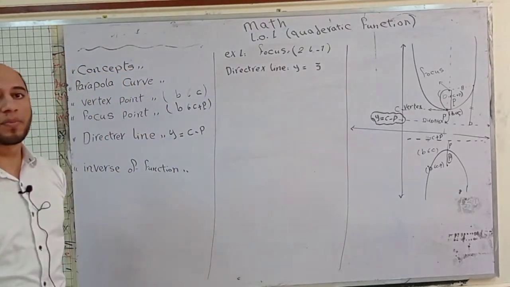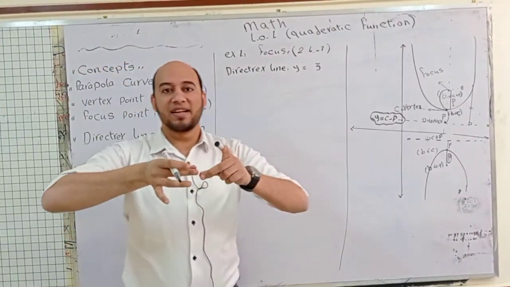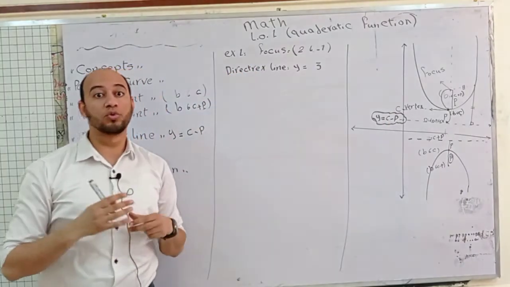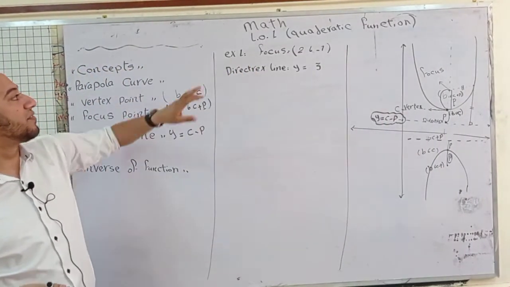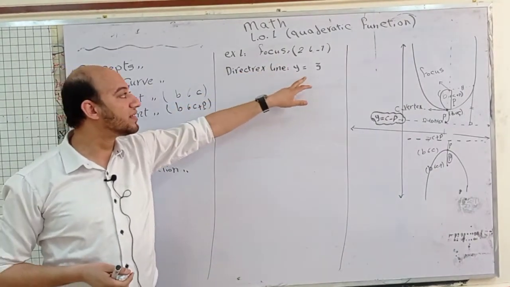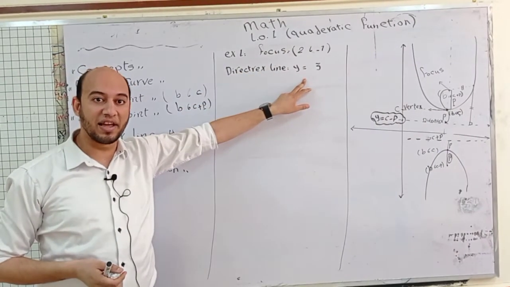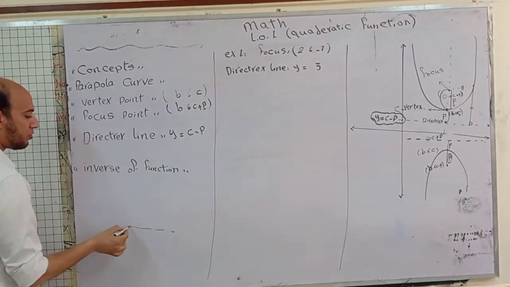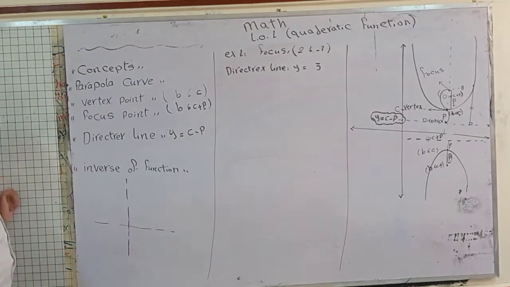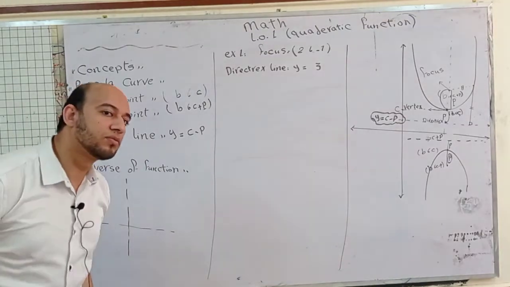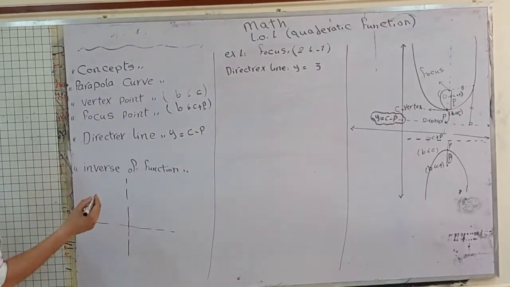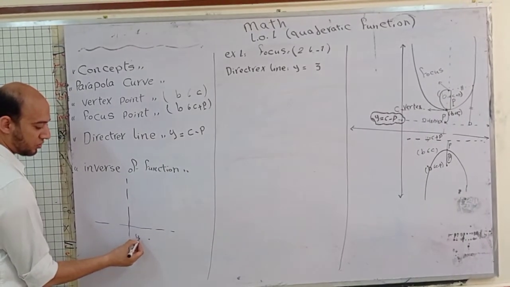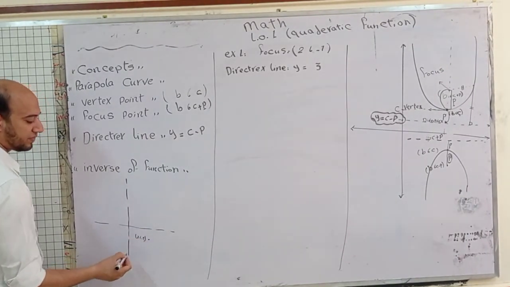Now, get the quadratic equation of this parabola curve. We want to make the equation, and we have the focus and the directrix line. To explain the method, the focus is (2, -1).